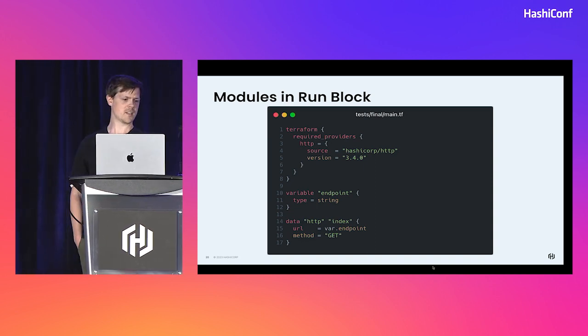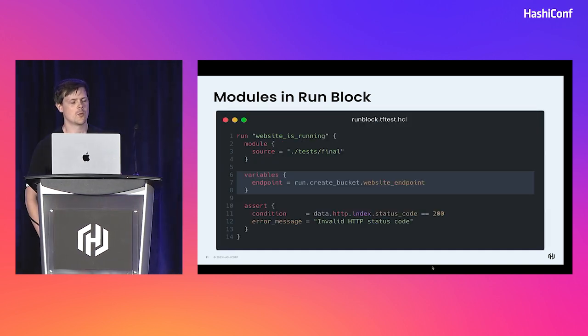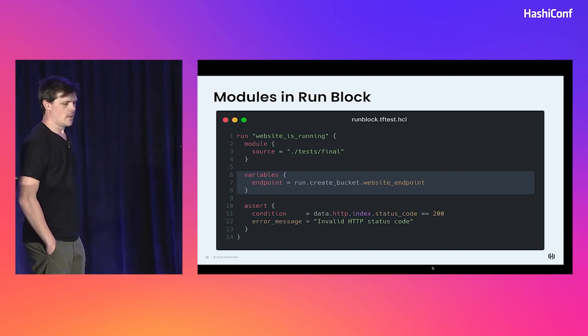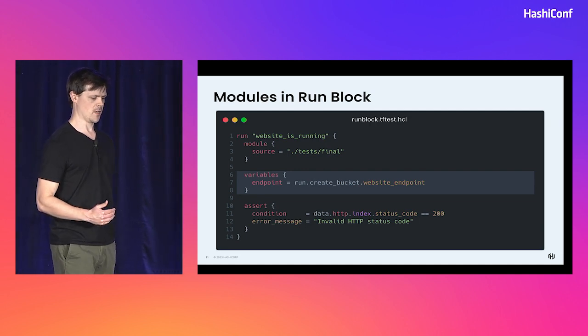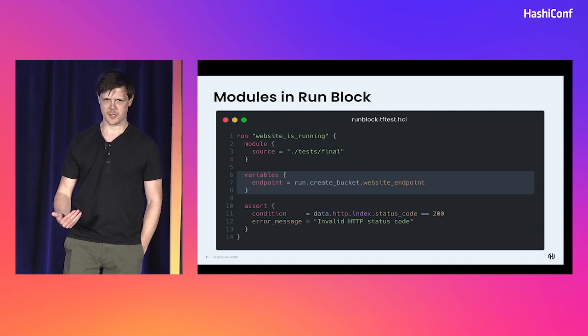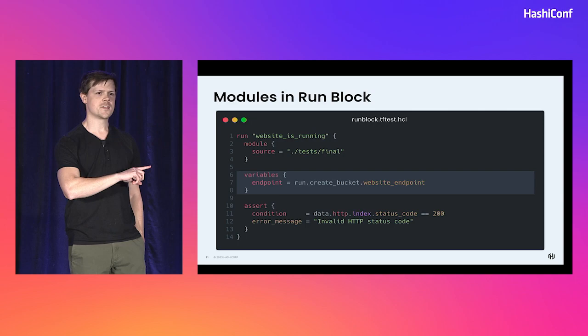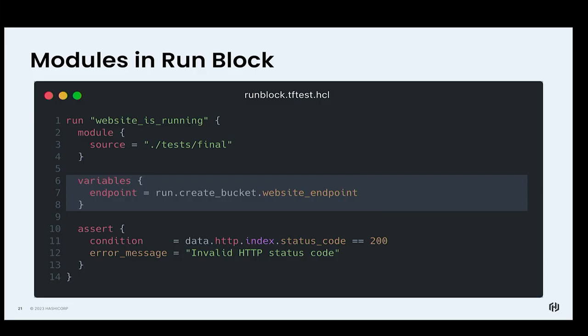Let's hop back over to our test, and we have that variables block again. Let's pause and think about the situation we're in now. In our previous run block, we created our bucket, we created our state. We want to reference an output from that. We can reference an output from a previous run block with this notation that we have highlighted here. We can say run dot block name, in our case, create bucket, dot output name, or in our case, that website endpoint output that we talked about a little bit earlier.